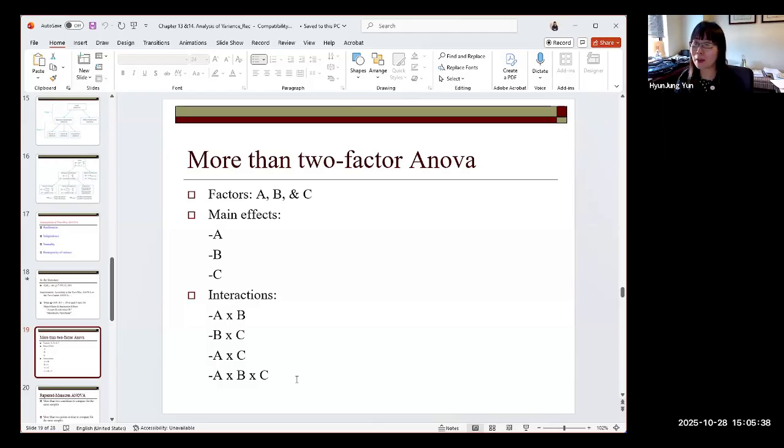Most of the statistical software gives you the option to choose which interactions you want to include and control for, unless you want a full set of interaction tests.